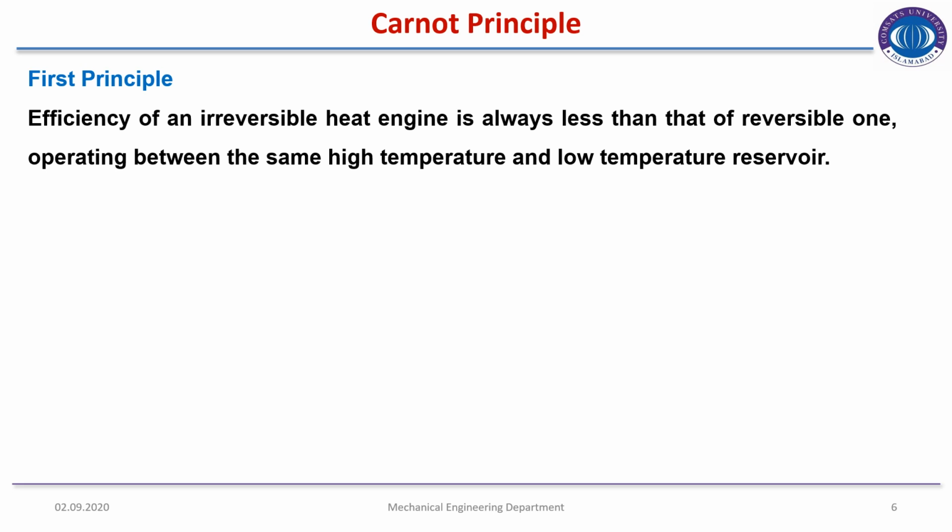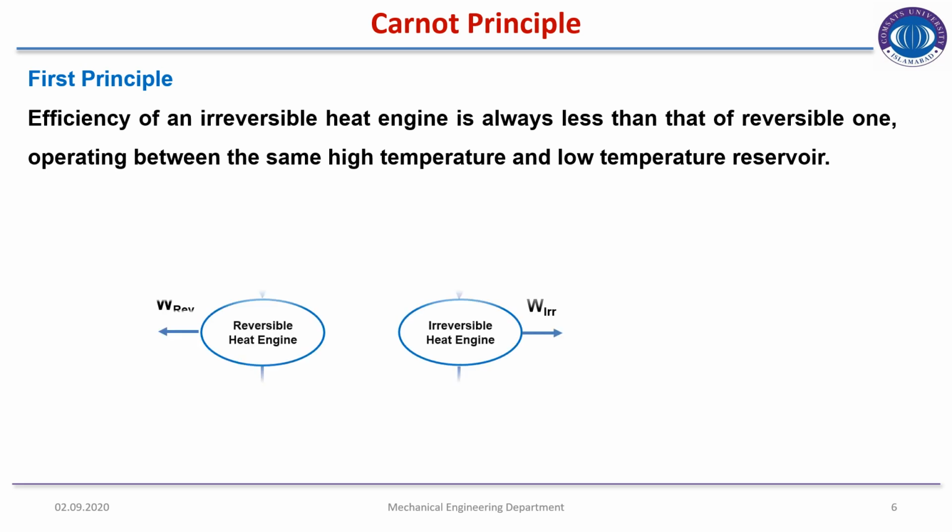If we have two thermal energy reservoirs, one at 1000 degrees centigrade and the low thermal energy reservoir at 100 degrees centigrade, and we put a reversible heat engine and an irreversible heat engine between those reservoirs, then the efficiency of the reversible will be greater than the irreversible heat engine.